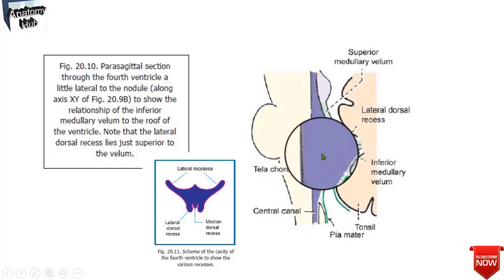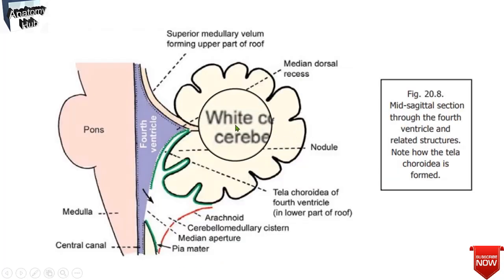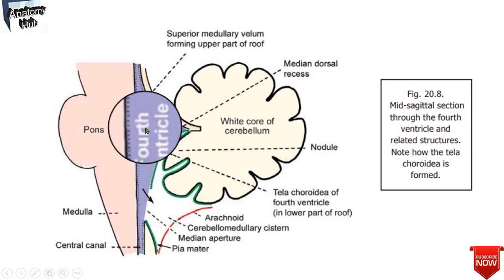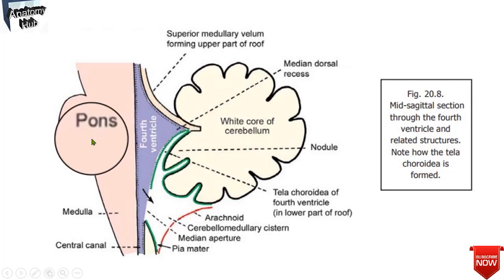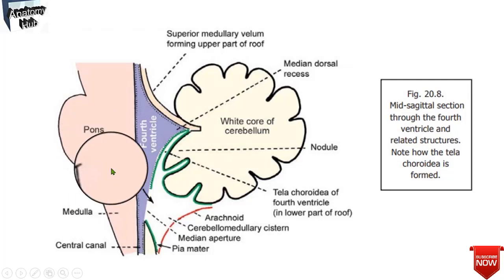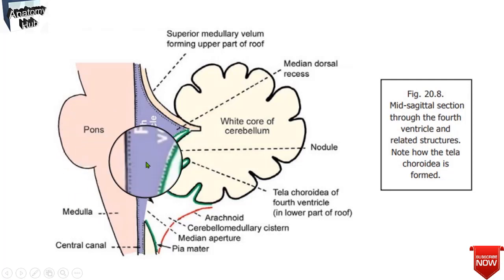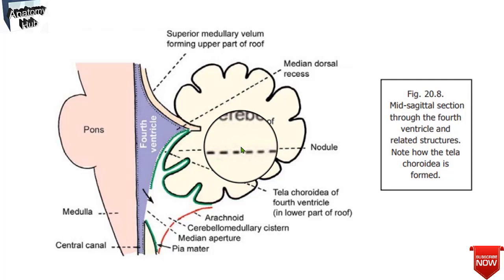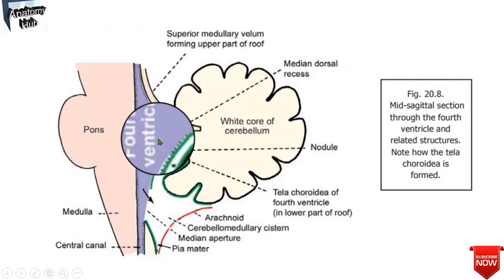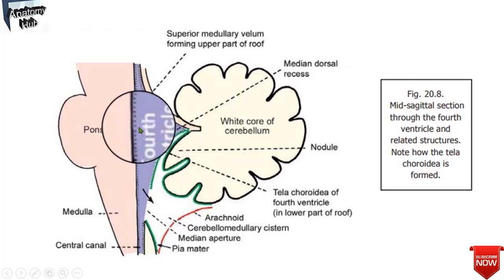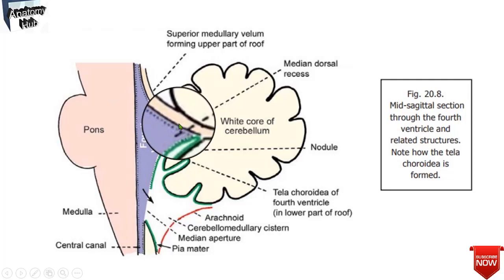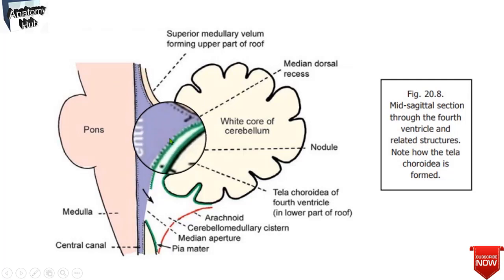Now we will consider the anatomy of the fourth ventricle. The fourth ventricle is a space situated dorsal to the pons and to the upper part of the medulla, and ventral to the cerebellum. The ventricle may be considered as having a cavity, a floor, a roof, and lateral walls.